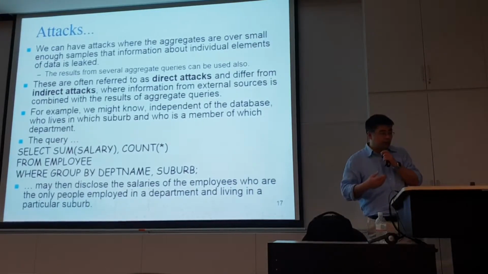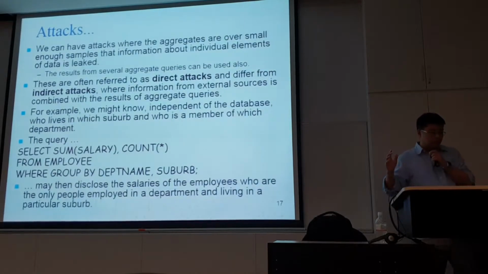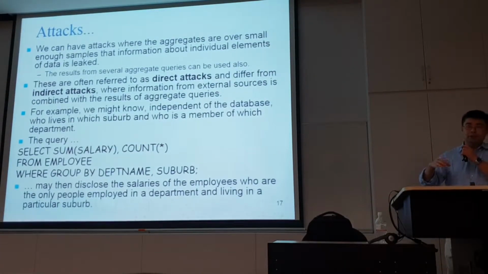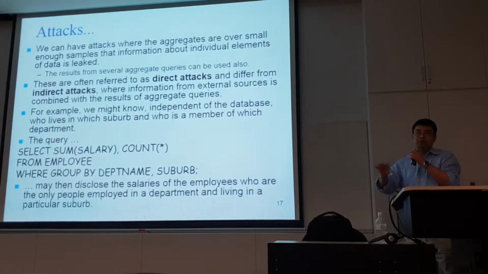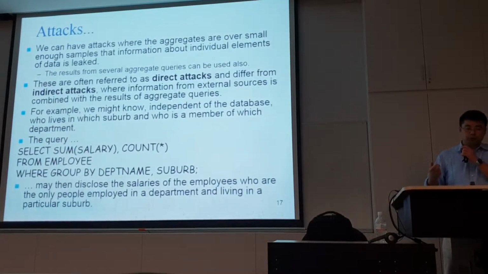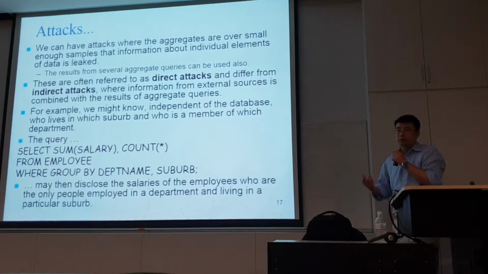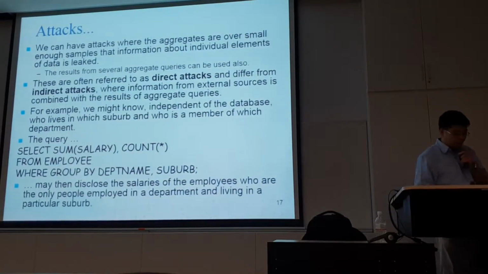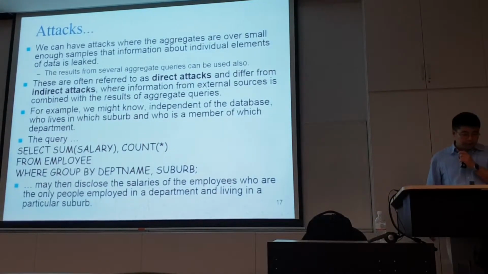On the other hand, if you can access some external information, you may save some extra queries because you already have this information. So you can use that information to launch aggregate or statistical queries, and then get the information from the result of the queries.